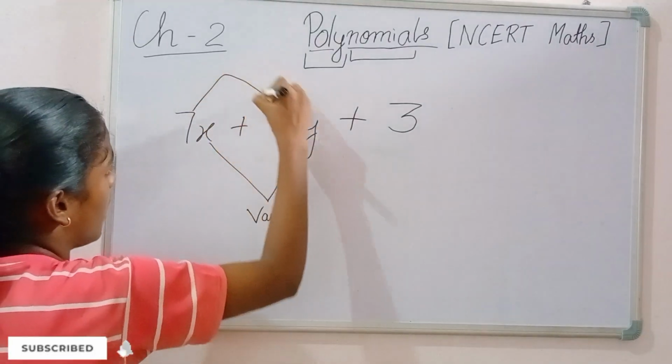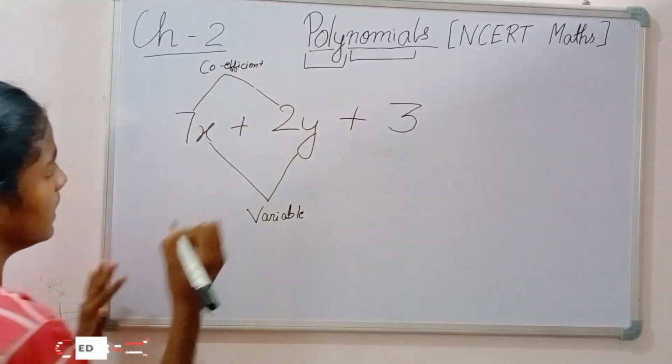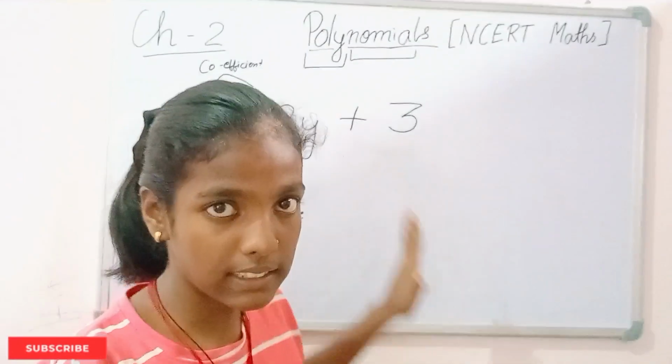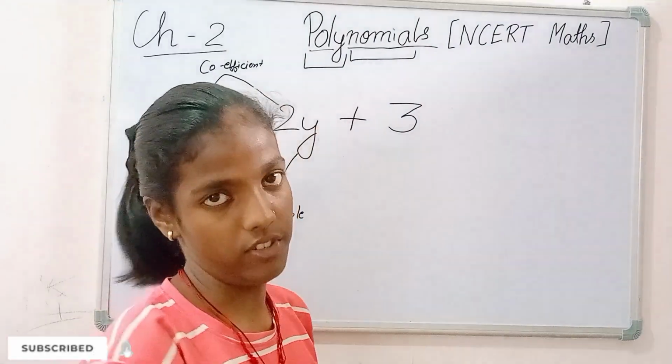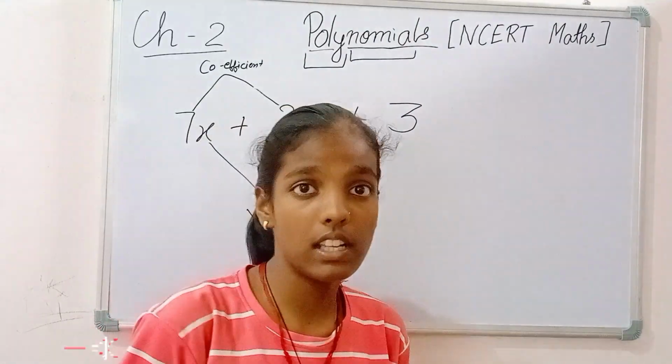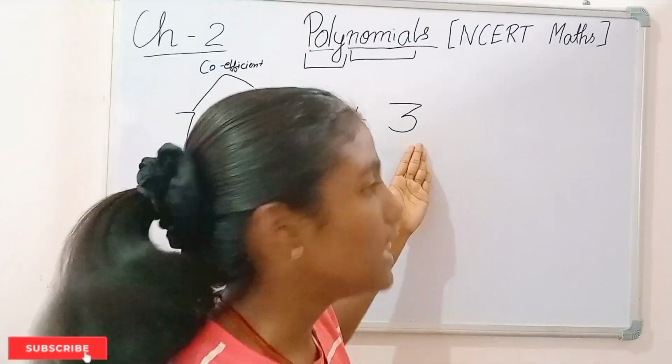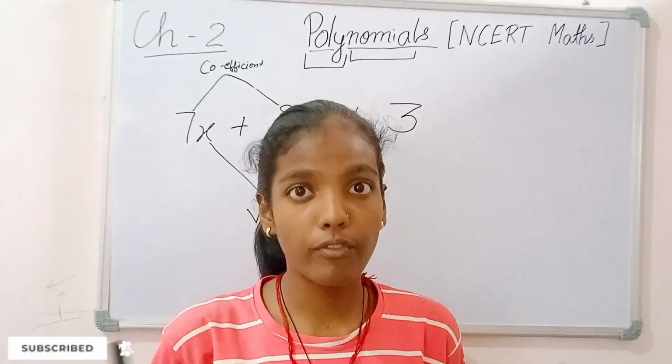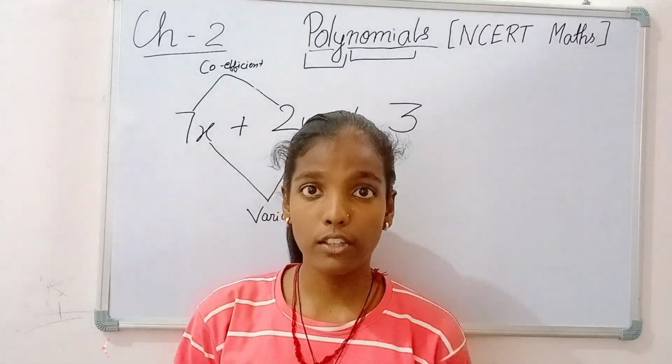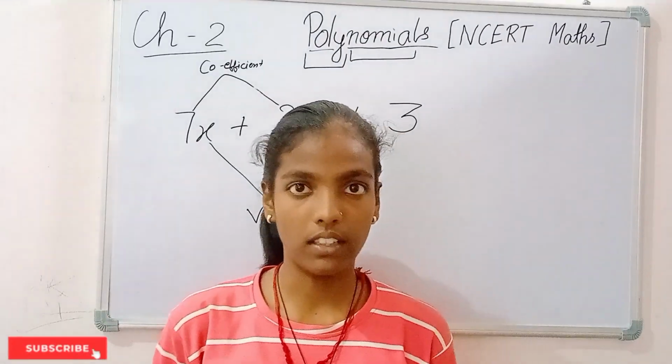So these both are coefficients. Now this 3 is not a coefficient because it is not with a variable, it is a constant. So I hope that you have understood about the term.